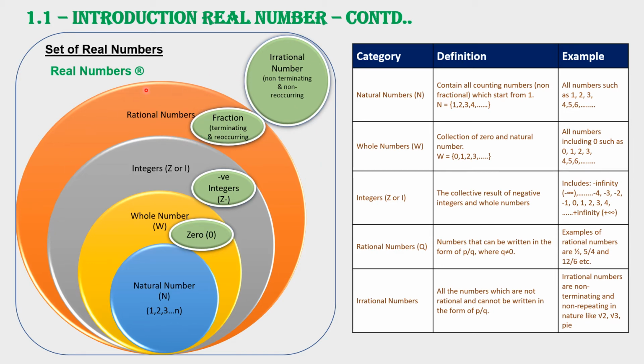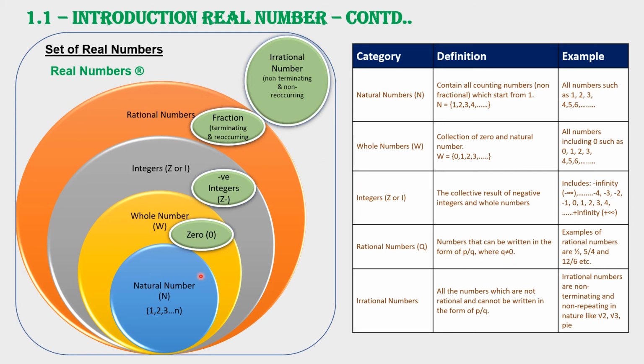You remember, students, in the last section we noticed that the complete rational number plus irrational number will form a set, which is called real number. A rational number, we already know, is any number which we can represent in the form of p by q.